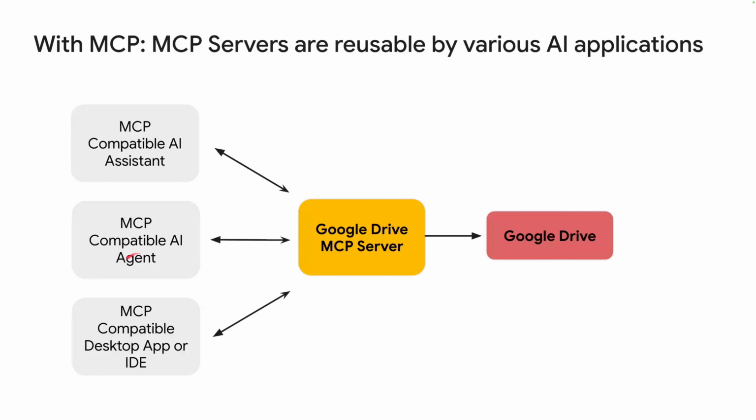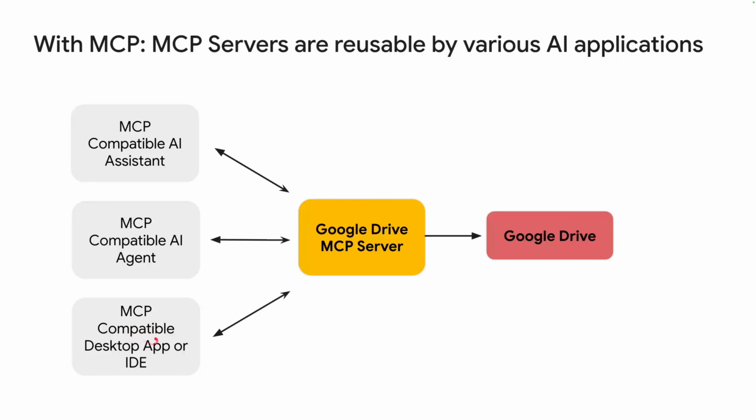It could be an AI agent. You can develop an AI agent that is already built in with an MCP client, and it can also get access to your MCP server. Or it could be any MCP-compatible desktop application or IDE, like VS Code, Cursor, Windsurf, or PyCharm.